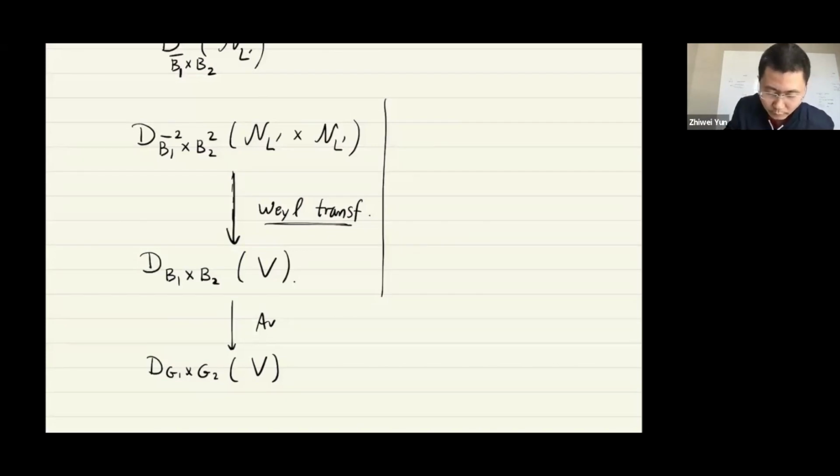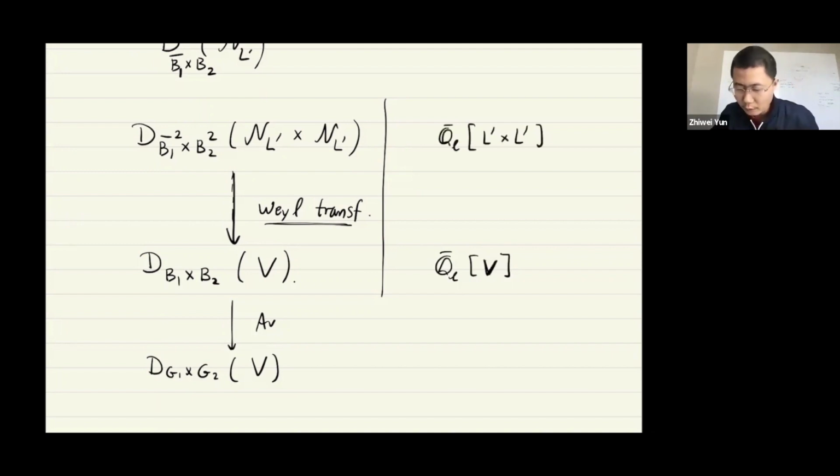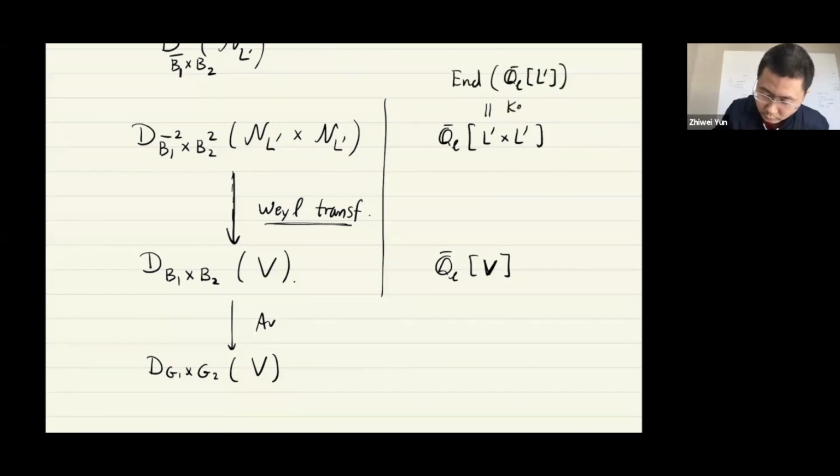So this Weil transform, function theoretically, is going between functions on L prime times L prime, viewed as endomorphisms of functions on L prime given by kernel functions, and functions on V. So any linear endomorphism of this Schrodinger model is uniquely represented by some kernel function on the product.